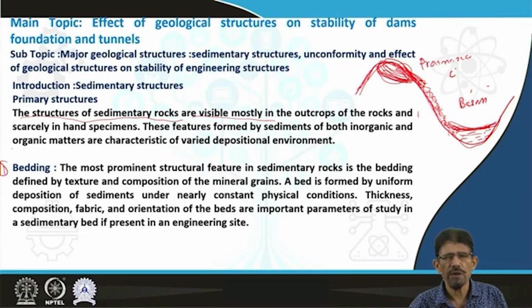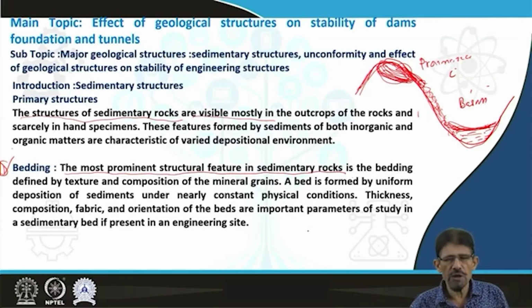However, the structures formed by chemical or biochemical process are recognized as non-clastic sedimentary structures. In clastic sedimentary structures, we have one of the important structures like bedding, and the bedding is a very important structure of sedimentation, and the most prominent structural feature in sedimentary rocks or basin.